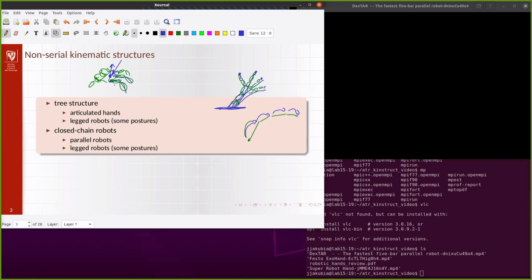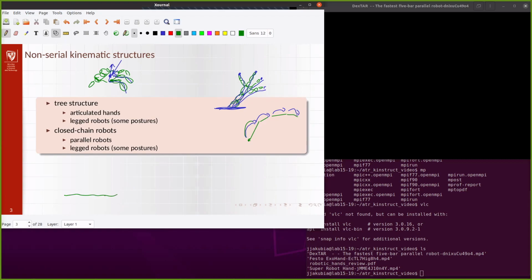What else can we have? We can also have walking robots, and this type of multi-leg robots can also be treated as closed chain robots. What are the closed chain robots? Closed chains are kinematic chains that are connected more than one time to the ground.